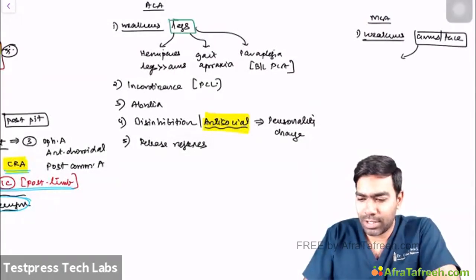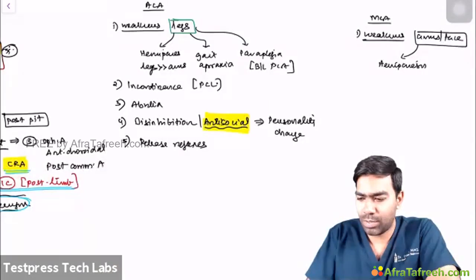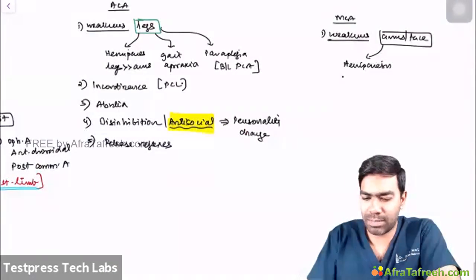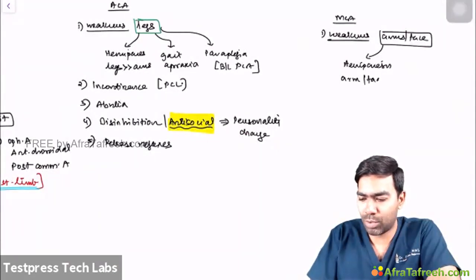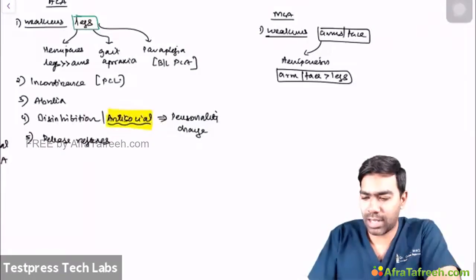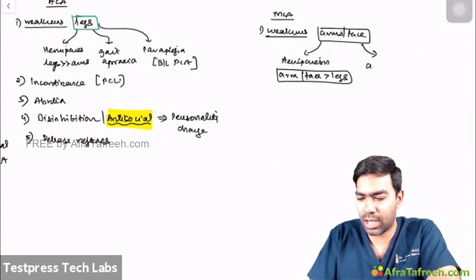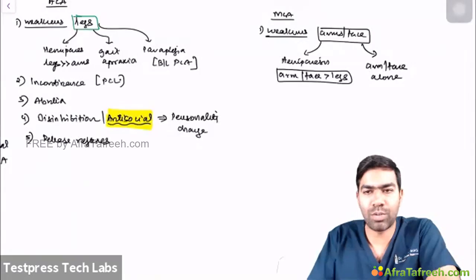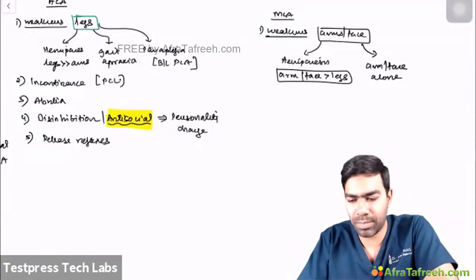Which means you will be having hemiparesis, of course, but this hemiparesis will be involving more of arm and face more than the legs. That's really, really important. And at the same time, you can get only arm and face weakness alone. That is called a faciobrachial monoplegia. So that's a different name. So anything that is concerned with arm and face predominantly, you can think about an MCA territory infarct.